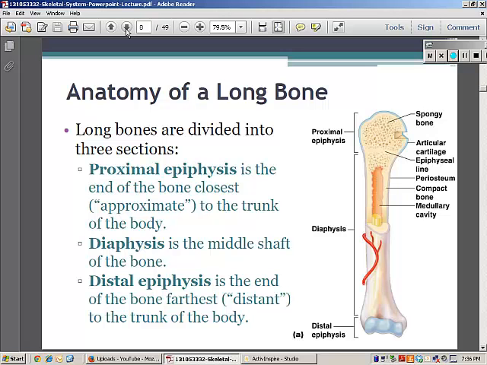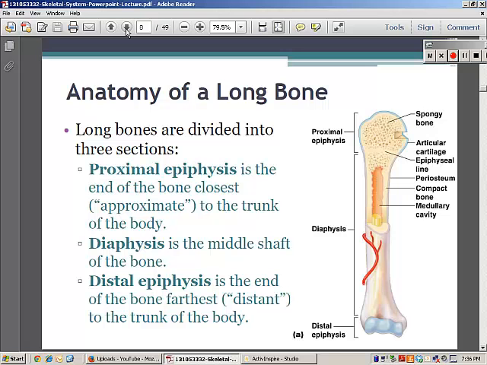And then we have 2 ends where we find that spongy bone. Now, if you're talking about the end that is closest to your trunk, in this case, if we were talking about the femur, it would be the tip of the bone that is closest to your pelvis region, where it kind of locks in that ball and socket joint. That particular end we call the proximal epiphysis.